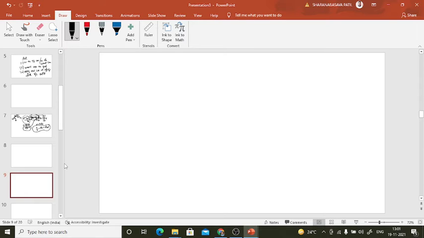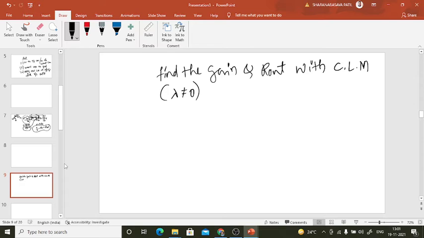The previous case we discussed was without channel length modulation. Now we will find the gain and R out with channel length modulation, meaning lambda is not equal to 0. This gives a finite RDS, which we can also call R0.